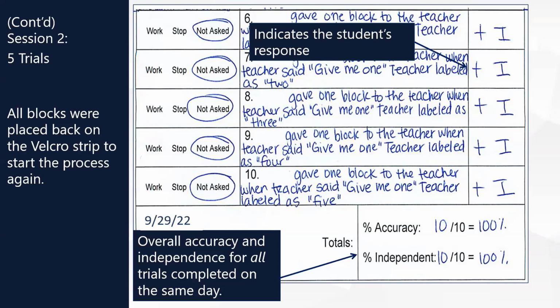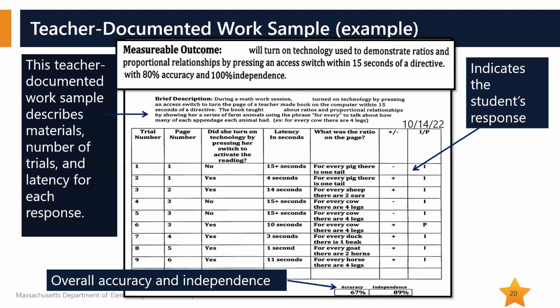So you can see exactly what the skill was that the student's giving, and it's a tabletop activity about counting. So you would need to be sure to include the skill, the standard, and the activity in your brief description. Here's one more teacher documented work sample that looks much like a field data chart.